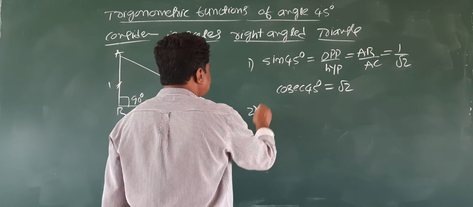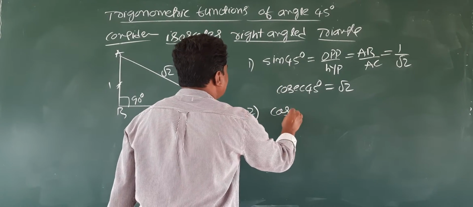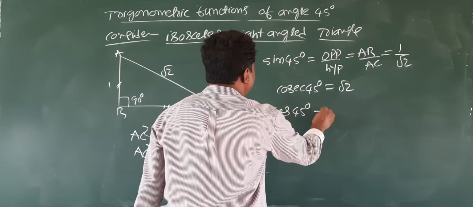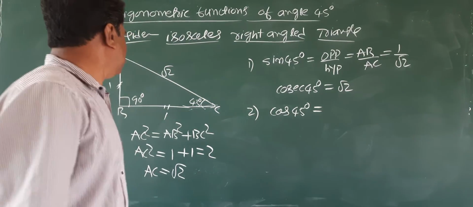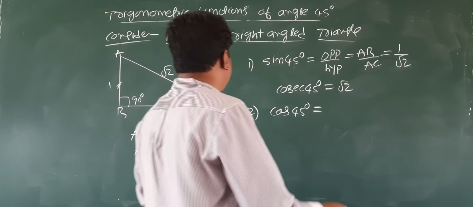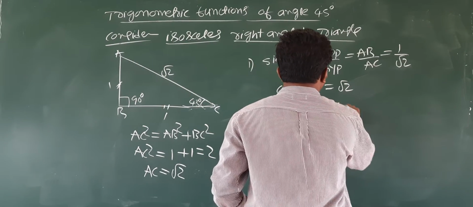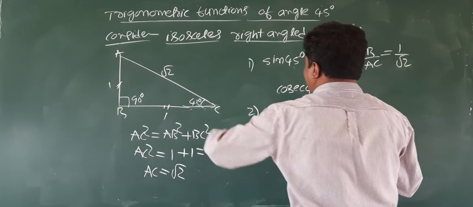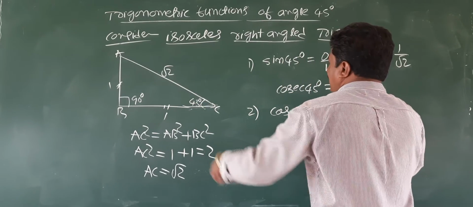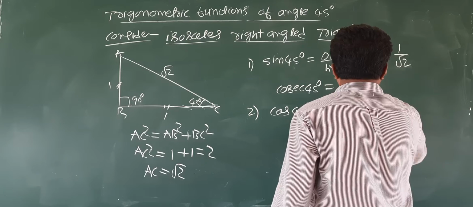Second one, cos 45 degree. What is cos theta? Cos theta is adjacent by hypotenuse. Tell me the adjacent side length. It is BC. Hypotenuse is AC.